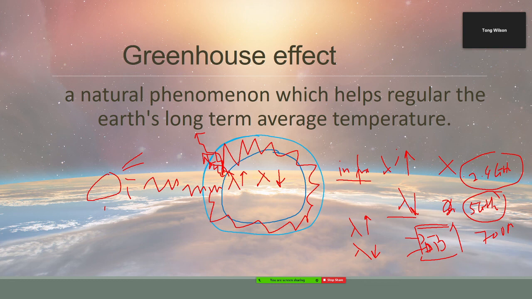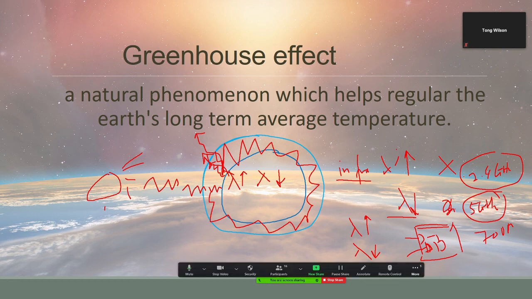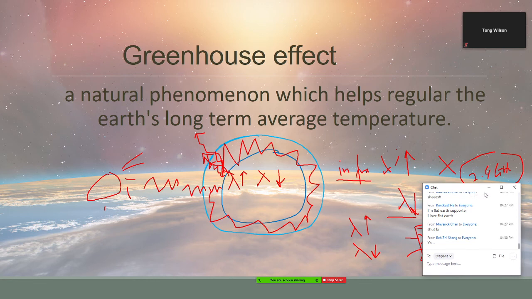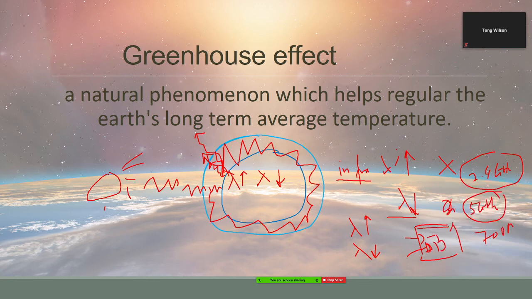Actually, the greenhouse effect is a very small thing inside heat transfer. Okay, so what has happened now is we have already finished all the syllabus in SEM 1. So cheer up, everyone has finished everything. Now is the time for drilling SEM 1 questions. I will post a paper, like a past year paper or model paper, and you do it by yourself.